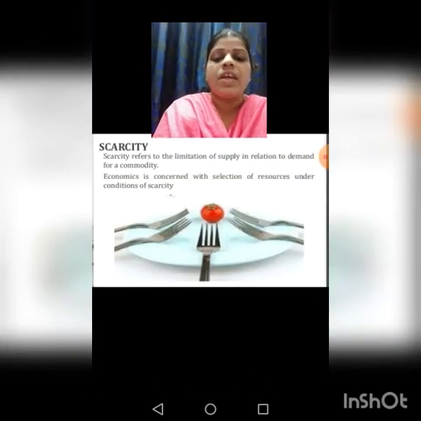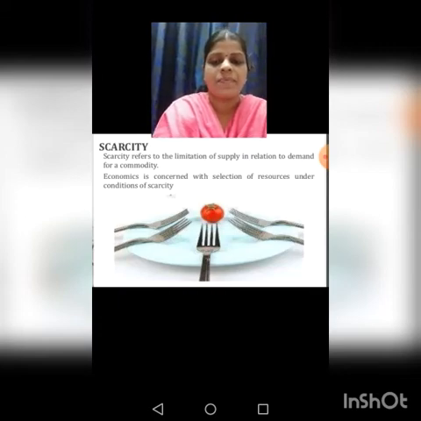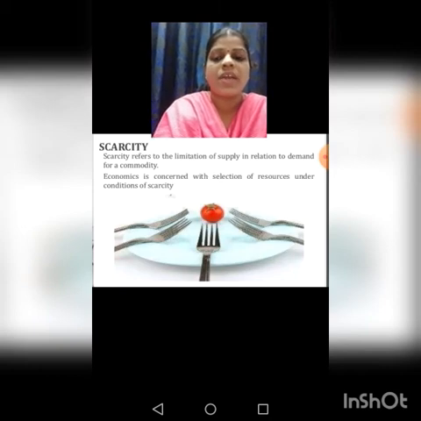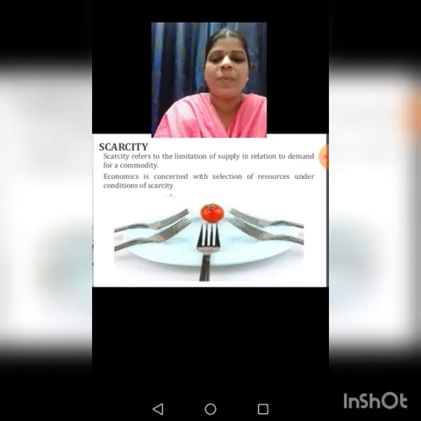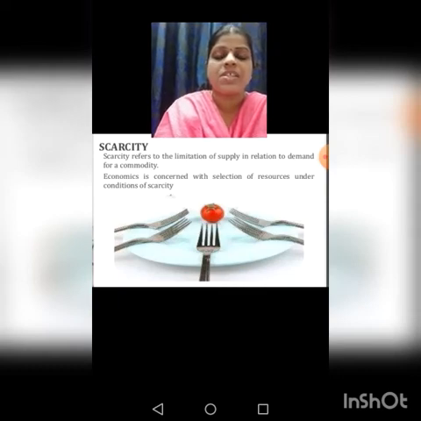Here, scarcity is defined as limitation of supply in relation to demand for a commodity. Or economics is concerned with the selection of resources under conditions of scarcity. So, scarcity means limitation of supply. The supply is limited in relation to demand for a commodity.